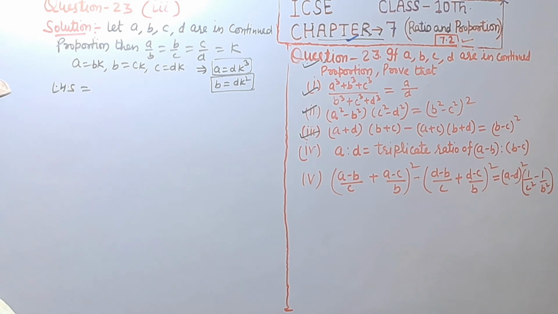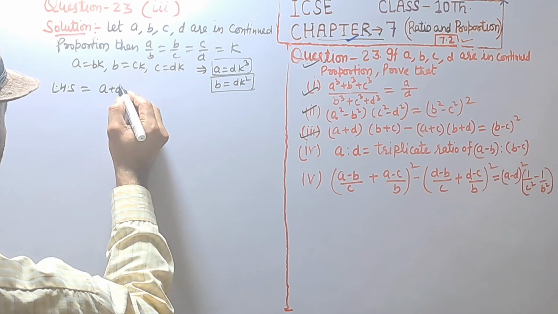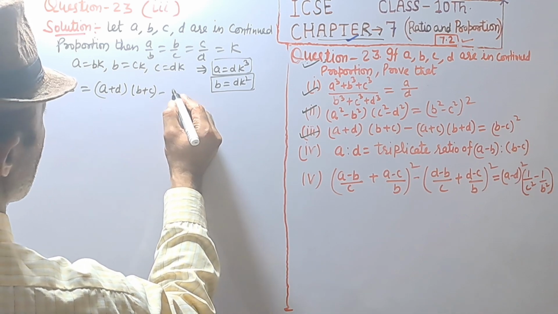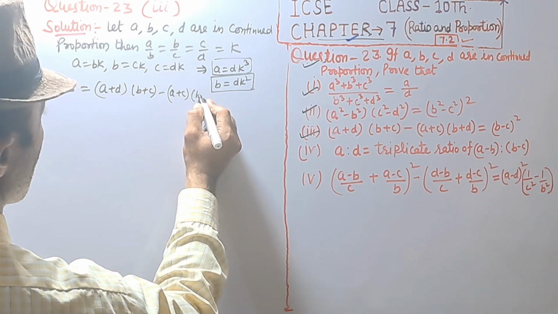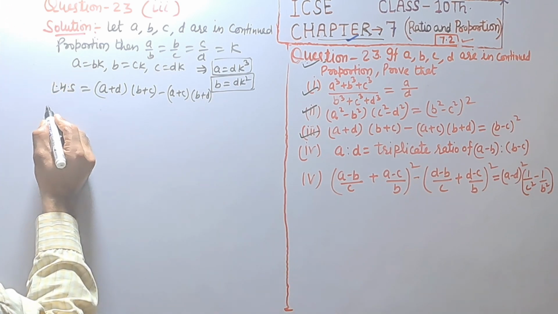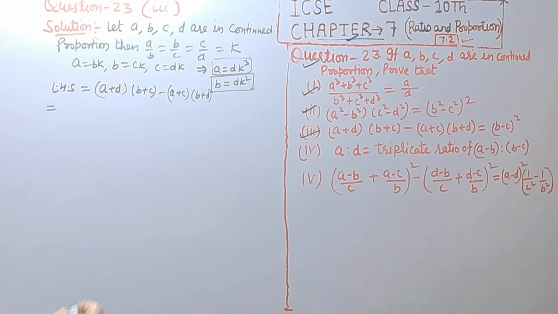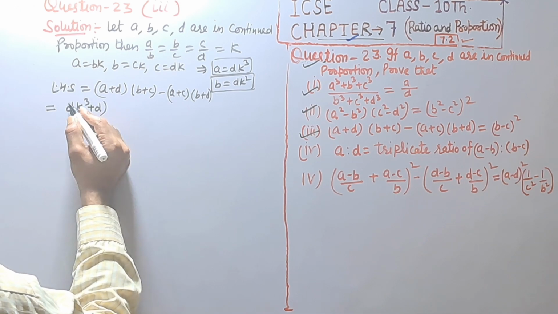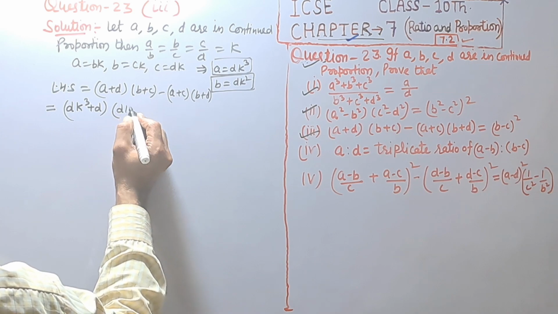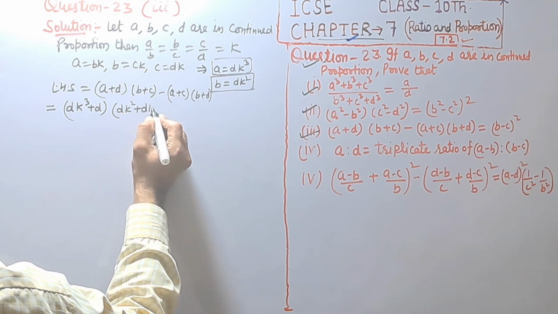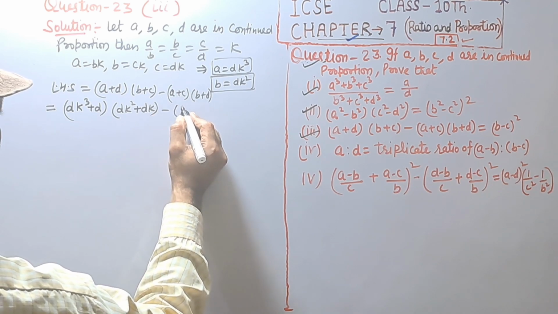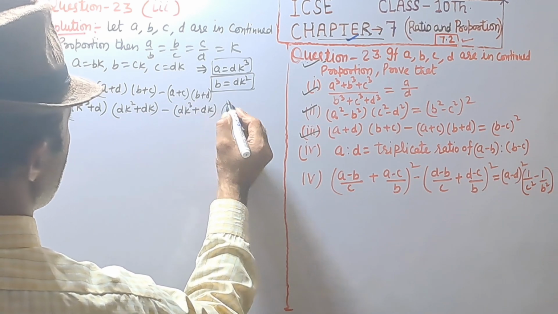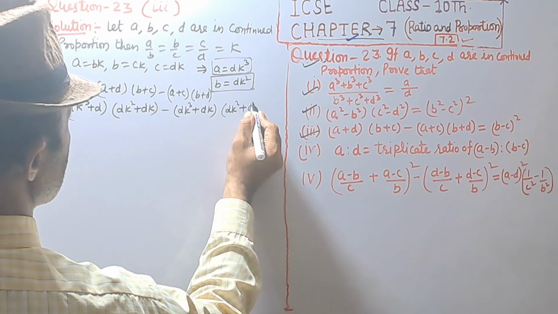Taking left hand side, that is (a + d)(b + c) − (a + c)(b + d). a is equal to dk³ plus d, and b is equal to dk² plus dk, minus a is dk³ plus c is equal to dk, and b is equal to dk² plus d.